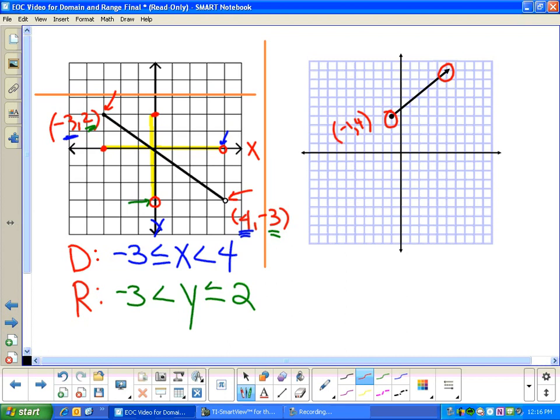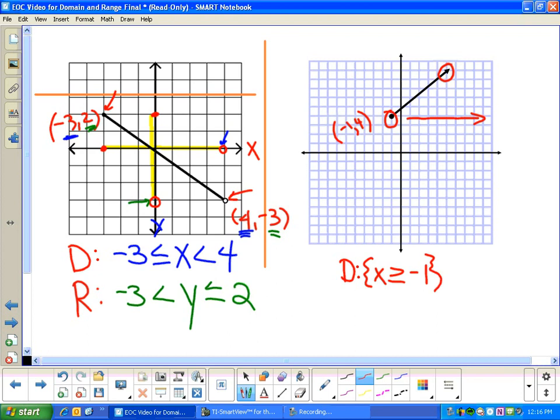We have to see how we can write our domain and range with this going to infinity. Your domain, which is x, continues on forever and ever. Since it's a closed circle, x is going to be greater than or equal to negative 1.